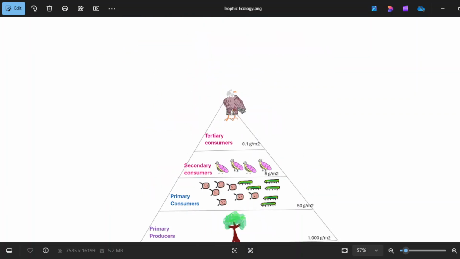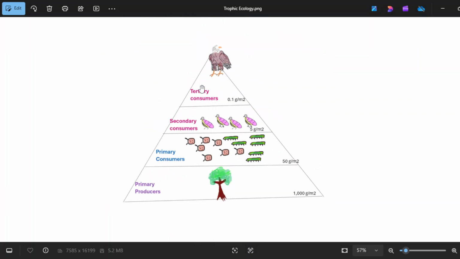So let us see one more pyramid. If you see here, same as the pyramid of numbers, we saw the tree where it was taking a spindle shape. Now here, even though the numbers are small, the tree has huge biomass. It has nearly 1000 grams per meter square biomass.